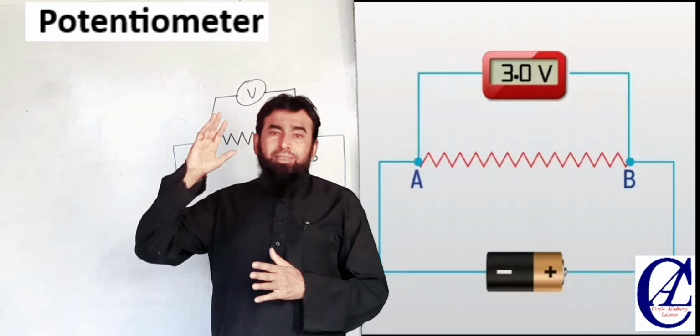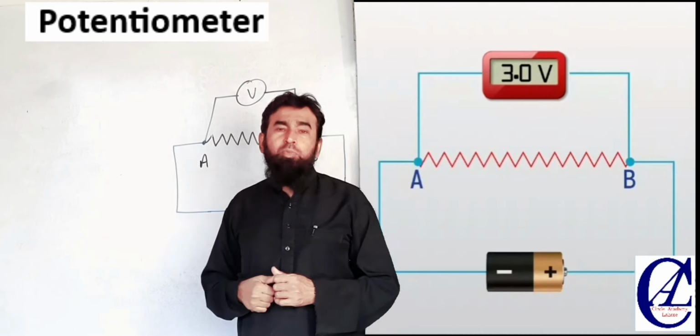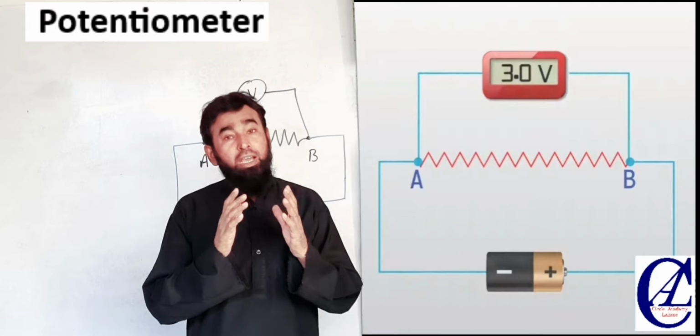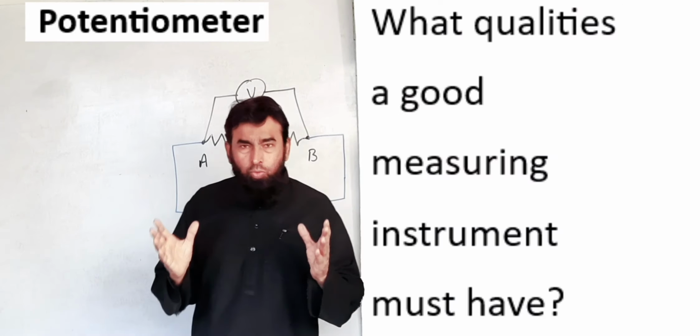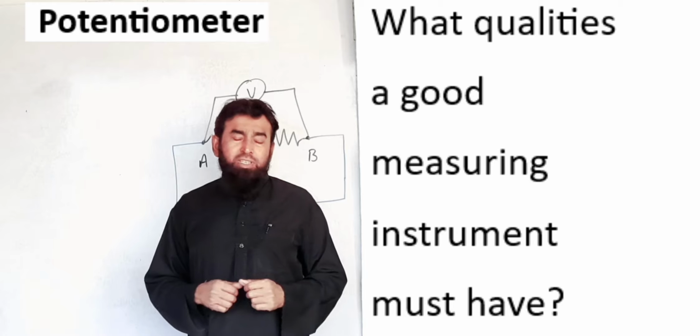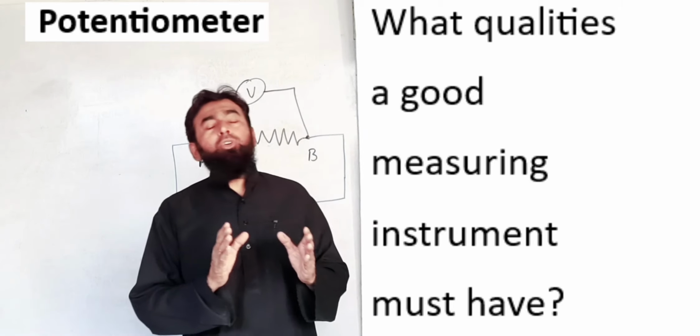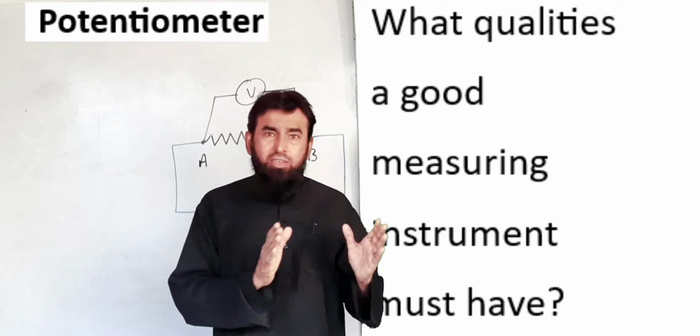Actually, the reading which we get with the voltmeter is not very accurate. Students, you must note what a good instrument is. A good instrument is one which, when attached in a circuit, does not disturb any value or condition of the circuit.